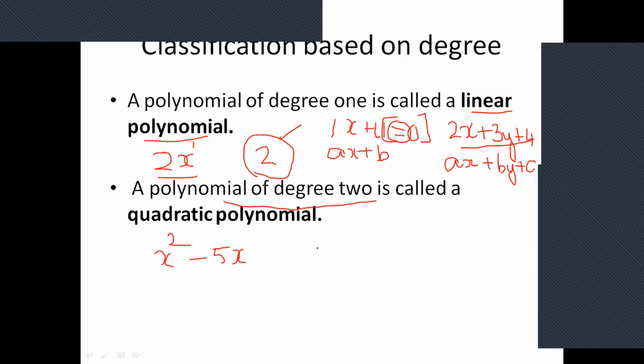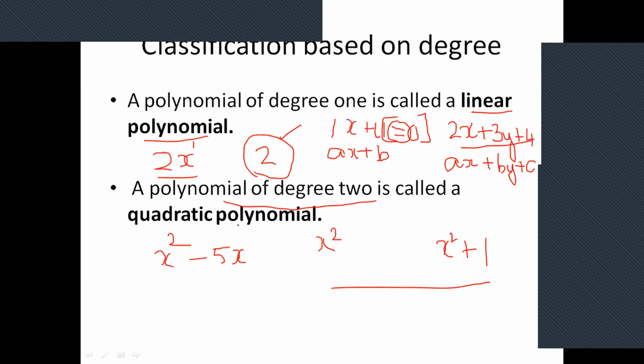We can have just an x square term, or we can have x square minus 5x like this, or even just x square plus a constant term. These two types, where we can't find an x term, are called pure quadratic polynomials. Please remember this. We'll learn about pure quadratic and all that later, when we reach the quadratic equations chapter, where we'll discuss in detail the pure quadratic equations.